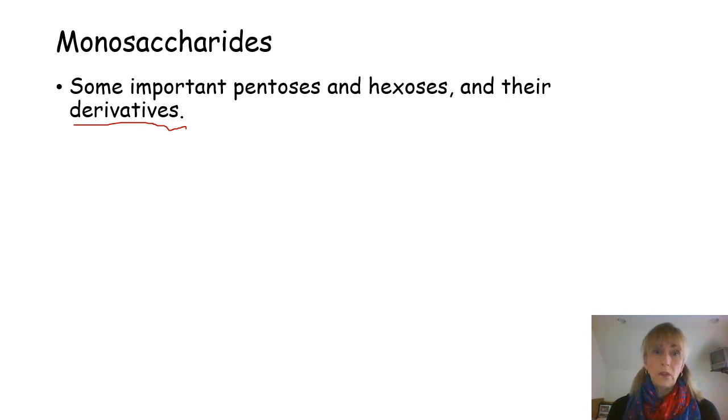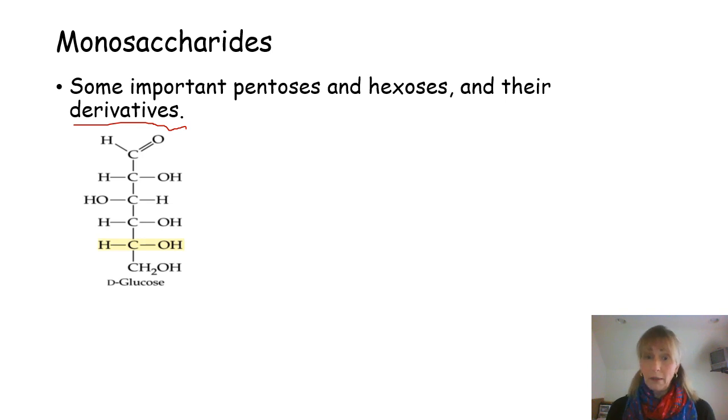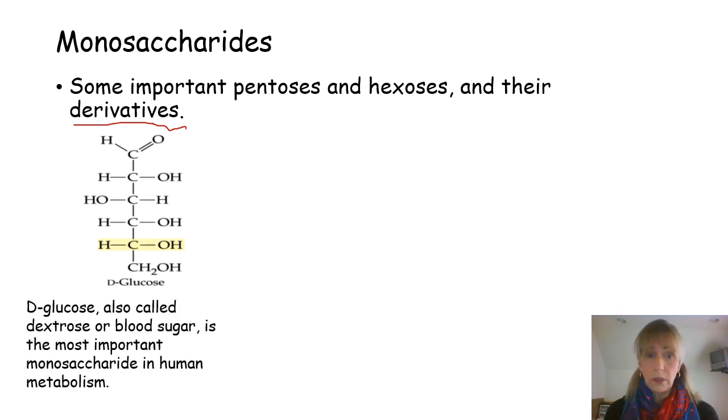Some of the more important pentoses, 5 carbons, and hexoses, 6 carbon sugars. We start out with D-glucose, one of the more important 1, 2, 3, 4, 5, 6 aldohexoses.